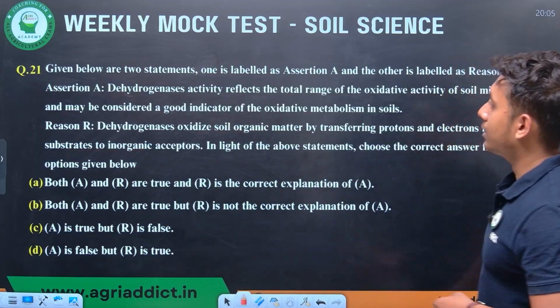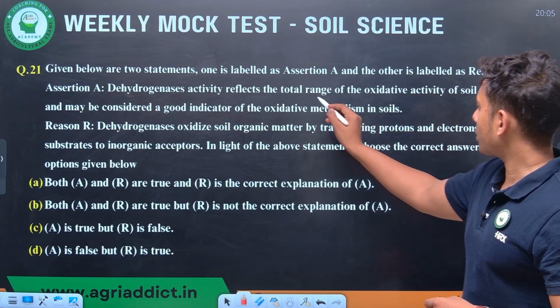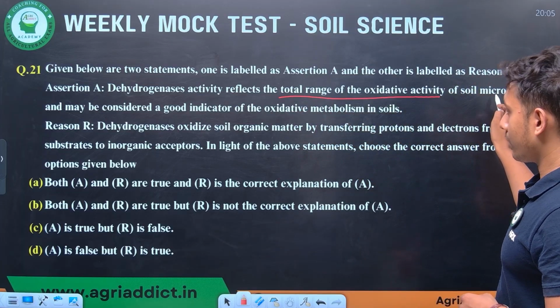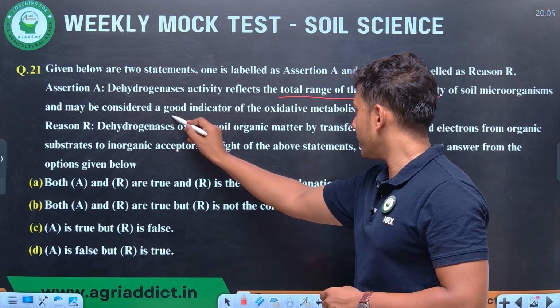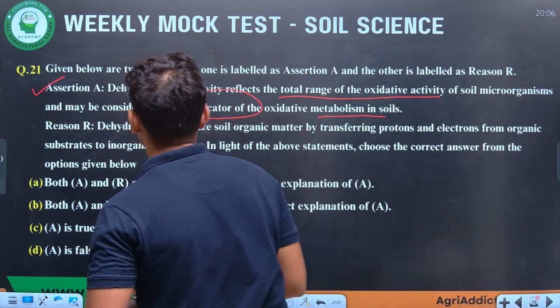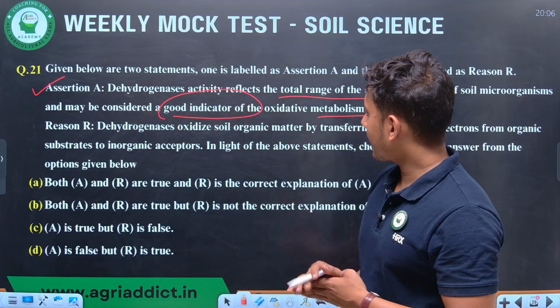Come to the next. Dehydrogenase activity reflects the total range of oxidative activity of soil microorganisms and may be considered a good indicator of oxidative metabolism in soil. Yes, this assertion is true. Why does this happen?